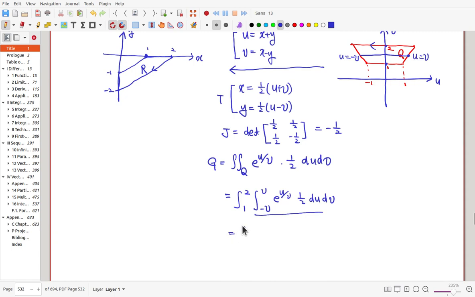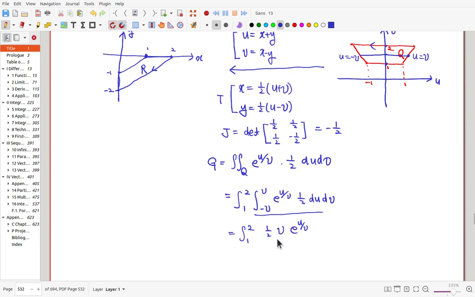Okay, that is the integral from 1 to 2. The antiderivative of that one will be, okay, the half is there, and then e to the u over v. Once you try to take the derivative, then 1 over v will come out, so we have to put v here, right?